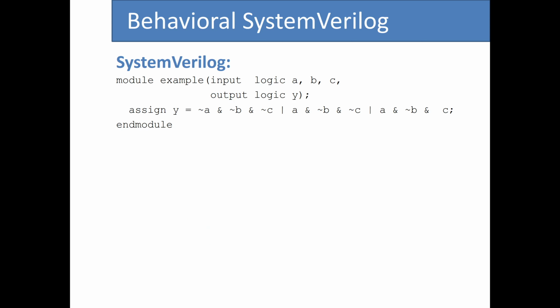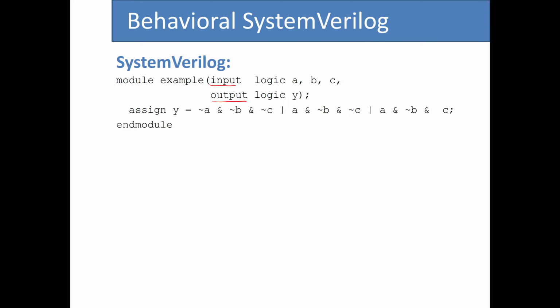Let's take a look at one behavioral module in System Verilog. When you look at this code, there are some things that you probably automatically recognize. We have input, this is a keyword. We have output, this is another keyword.